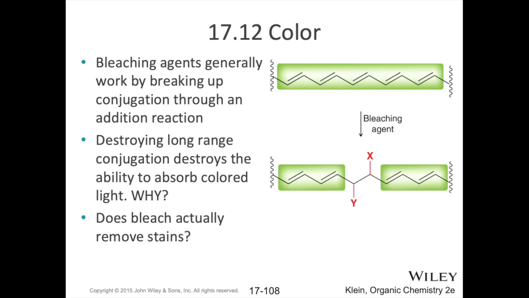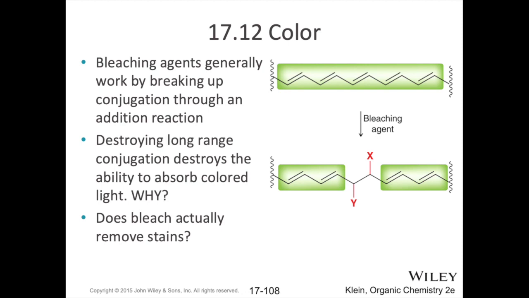However, and this is the really interesting thing about this, those stains are still there. Those chemicals that originally caused your eyes to see the absence of that light and therefore see that color are still present on the fabric, right?